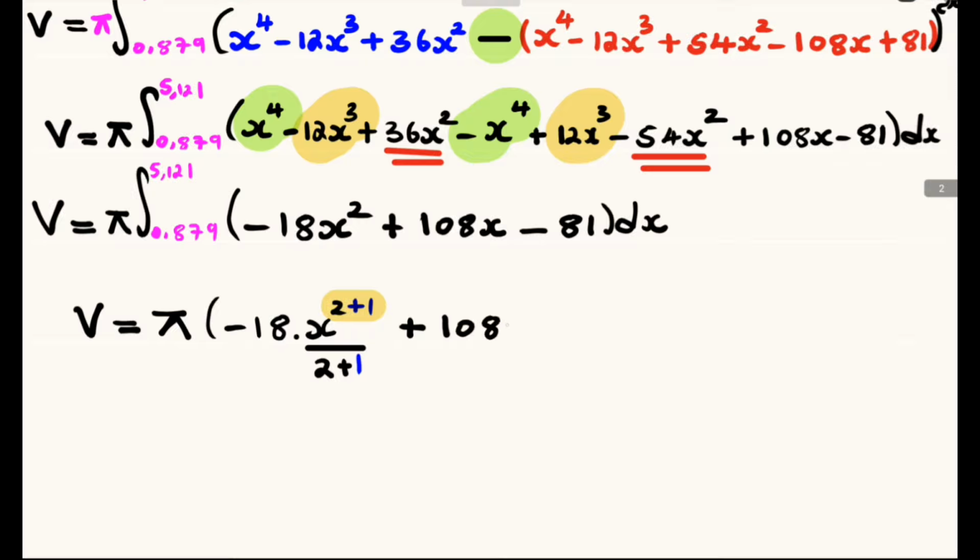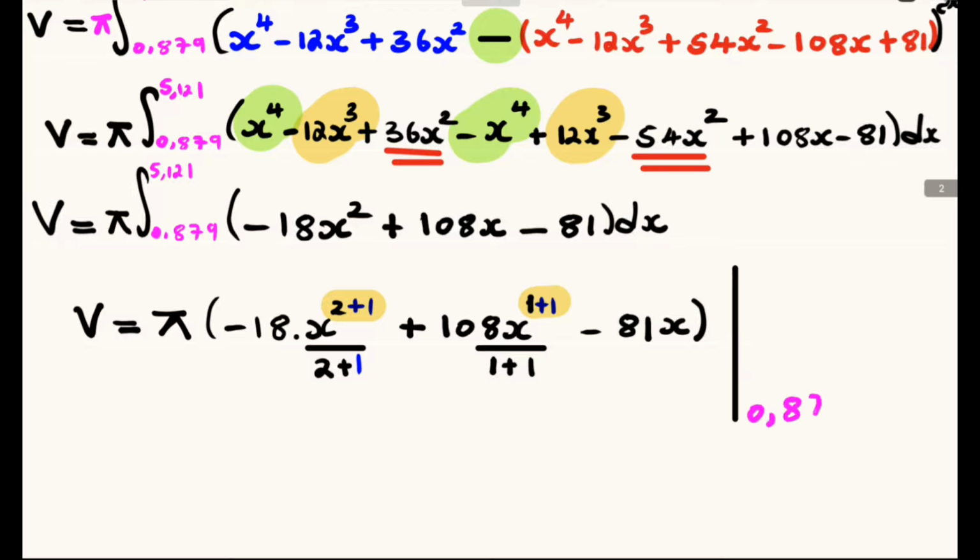Remember, the x has an exponent of 1, and we add 1 to the exponent of the x, and we divide by the exponent of the x, the 1 plus 1, minus the integral of 81, which is 81x, with our bounds as 0,879 and 5,121.